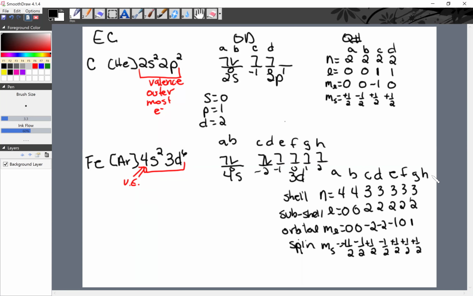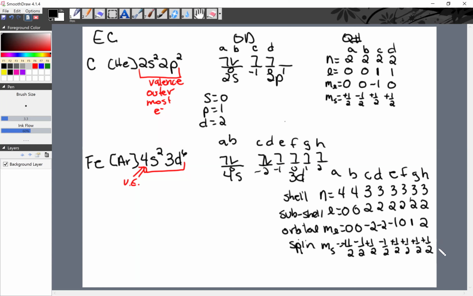And last but not least, we're still in 3, we're still shape d, but I'm in the 1 labeled 2. Haha, that sounded funny. And there's the quantum numbers for everything that goes past the noble gas core.